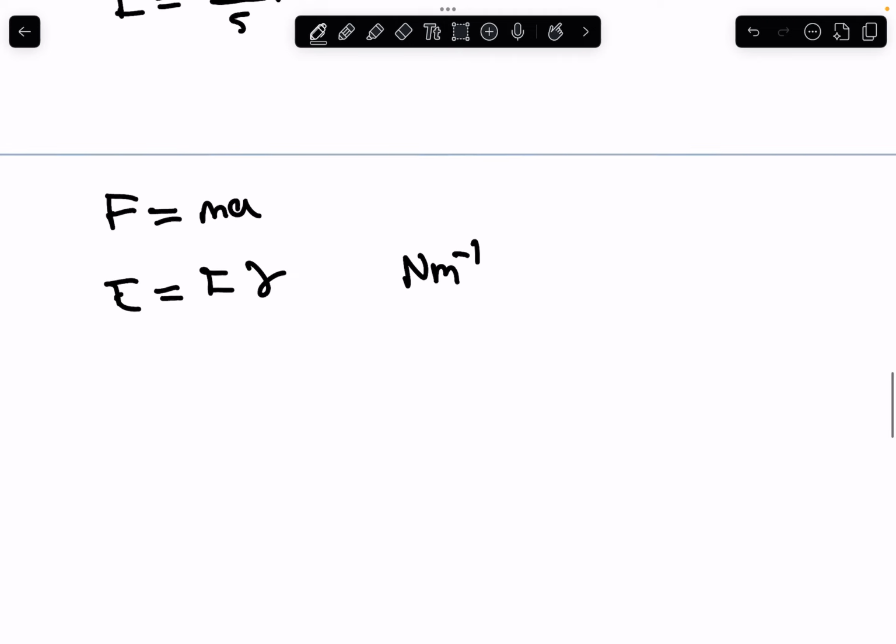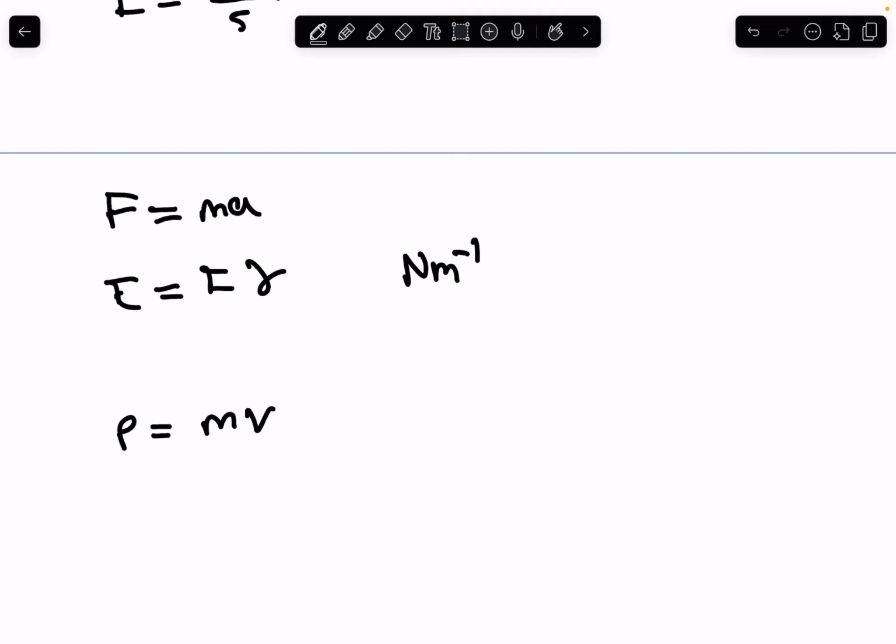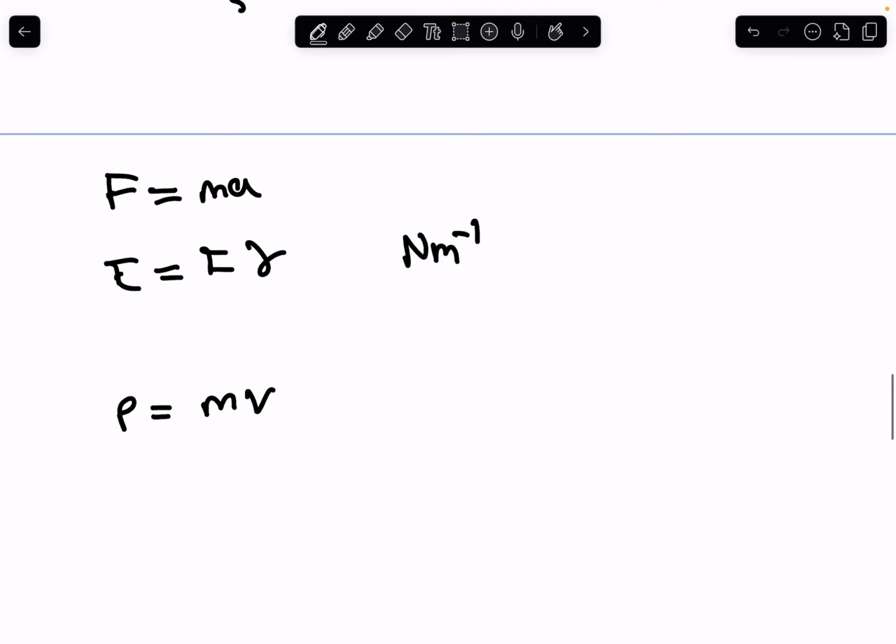We have momentum. Momentum in the rotational world is denoted by the letter L. Let's start with Newton's law. The momentum is equal to the mass times velocity, so it's a product given in kilogram meters per second.